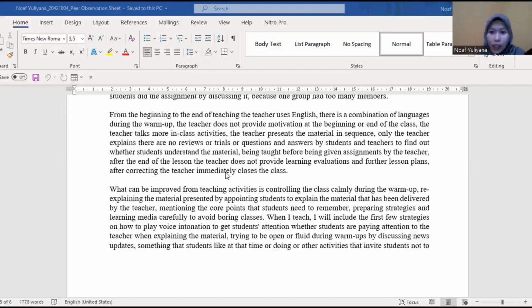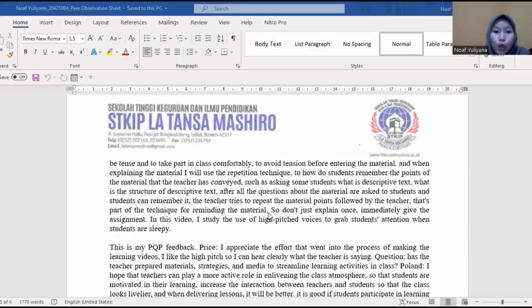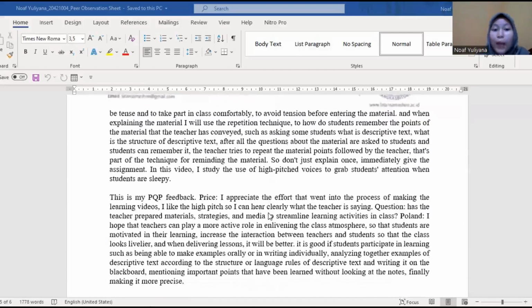When I teach, I will include a few strategies, such as how to play voice intonation to get students' attention, and checking whether students are paying attention to the teacher when explaining the material. Trying to be open or fluid during warm-ups by discussing news updates, something students like at that time, or other activities that invite students not to be tense and to take part in class comfortably.